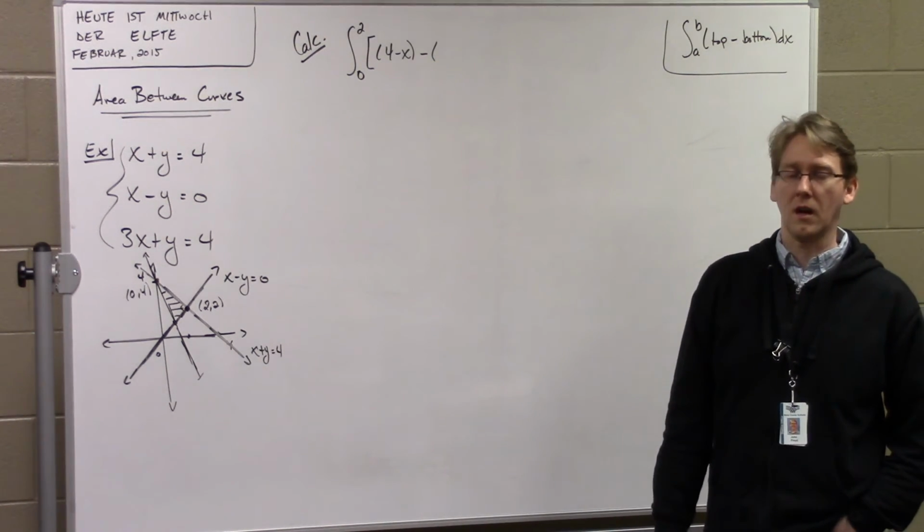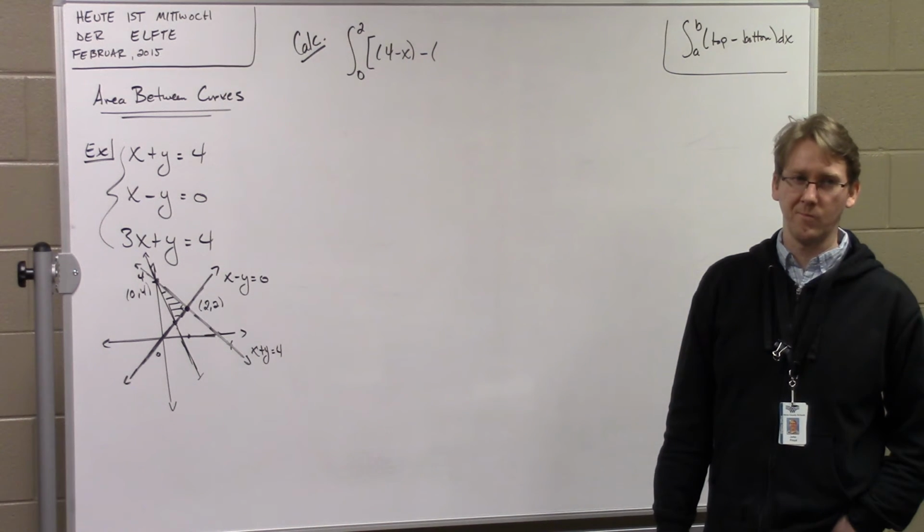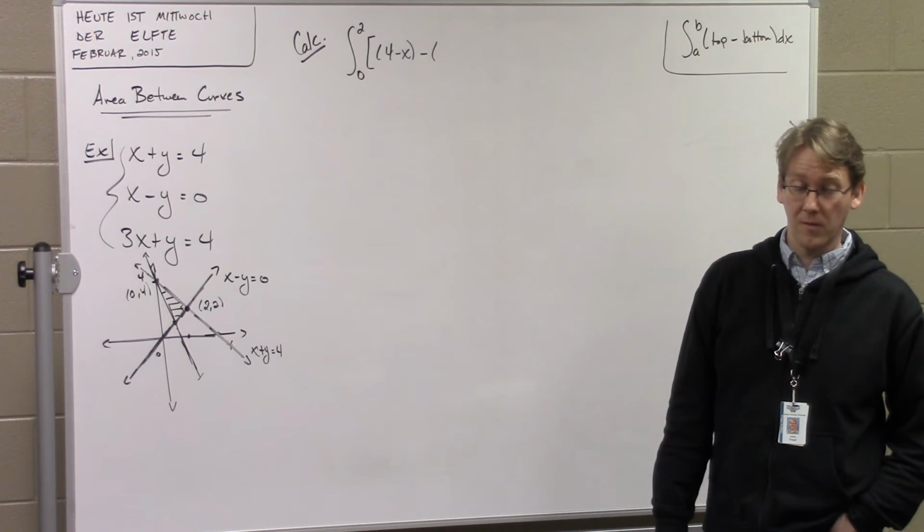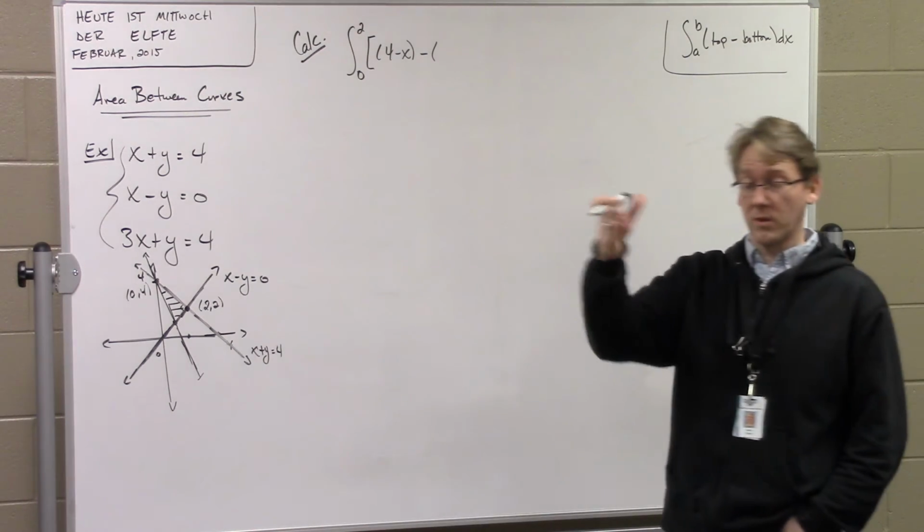There's 2 of them. Ah, crap. You can just add them together. If there are two bottom functions, what do we have to do? We only get to use one top and one bottom.